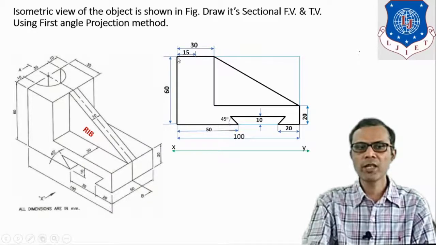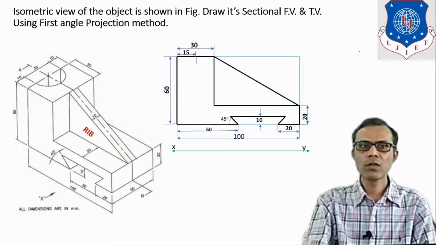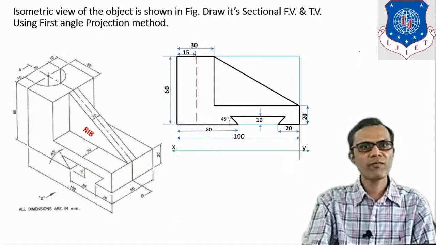That's why we have to take a dimension from this point of 15 mm, and from 15 mm draw a vertical dotted line, because this semicircular hole is cut from top to bottom. So up to the bottom line, draw the dotted line. So our front view is completed.